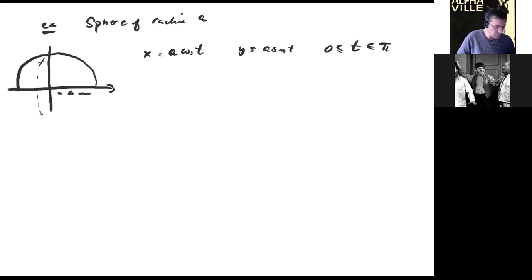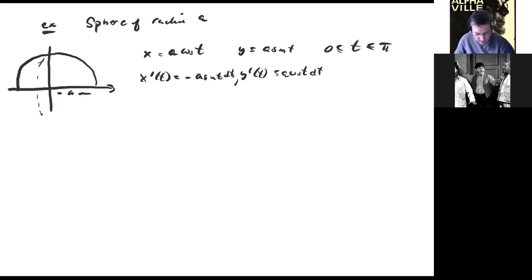So we can now just apply the formula. First of all, we have to calculate x prime of t, that's negative a sine of t, and y prime of t is a cosine of t.